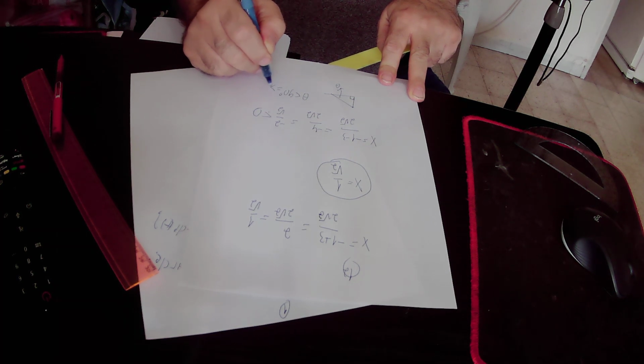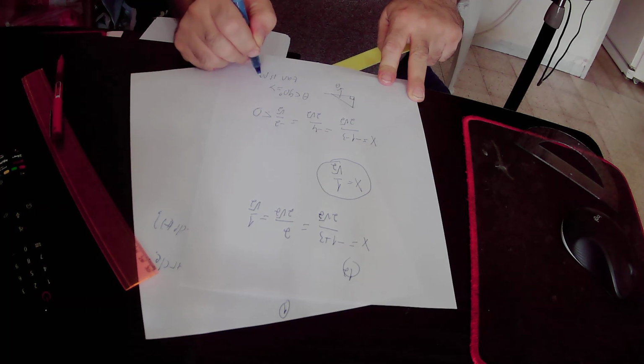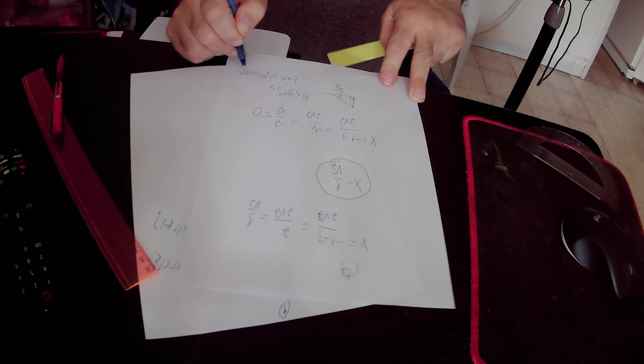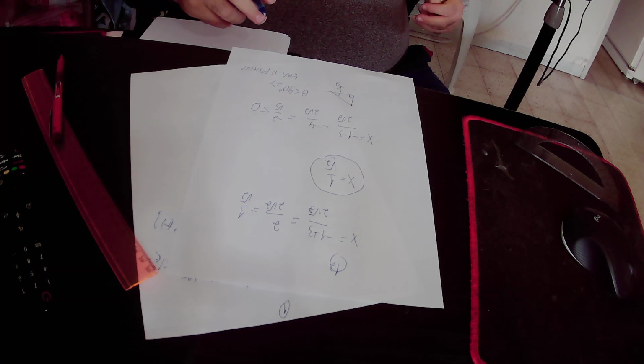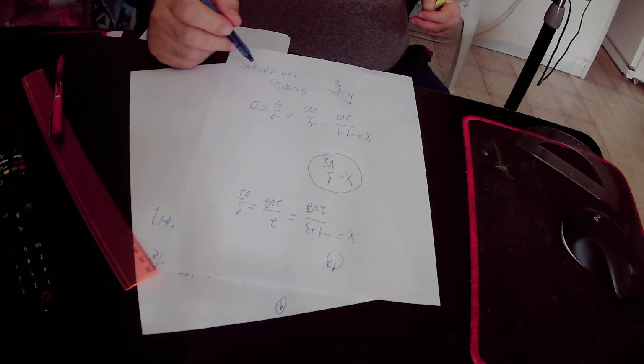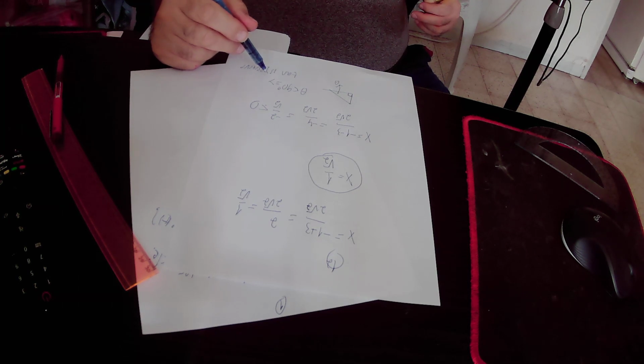Therefore, tangent is positive. Tangent is positive. Therefore, x that equals tangent theta can never be a negative number because theta is less than 90 degrees.